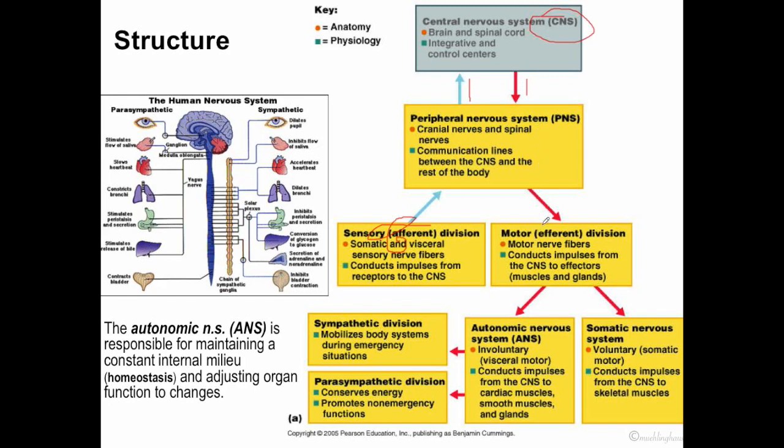On the right side here we have the motor or the efferent division. And we further then divide that division with the many efferents that go to the stimuli of the skeletal muscle. See here? Skeletal muscle. So that's where this division goes.